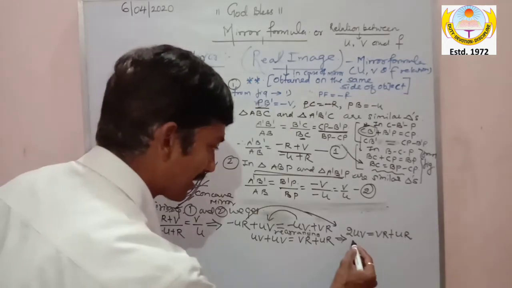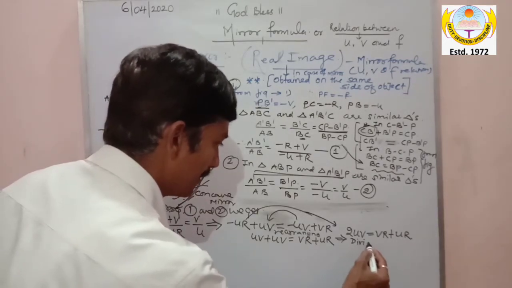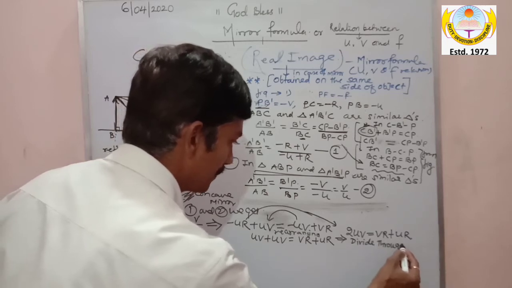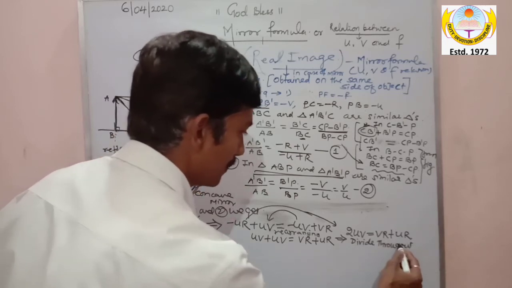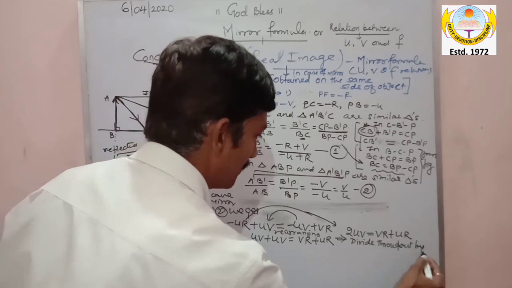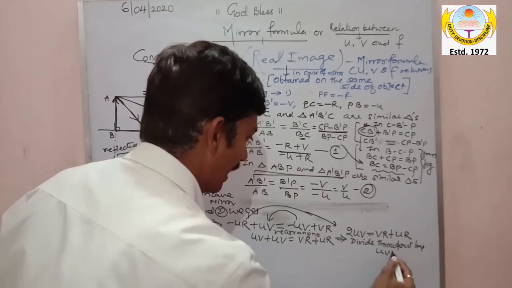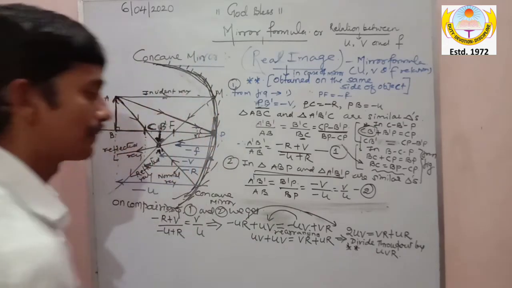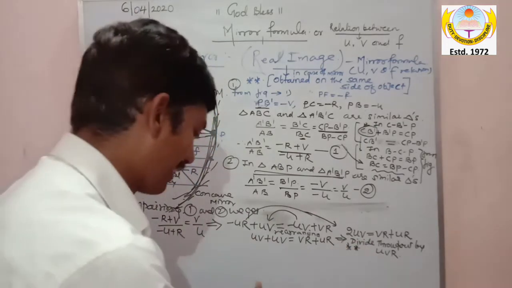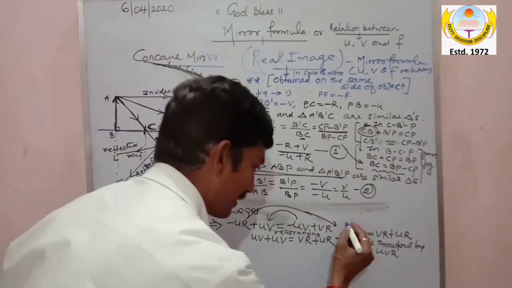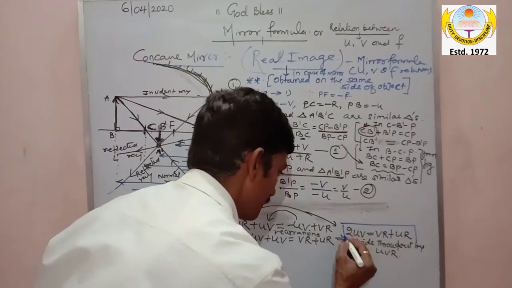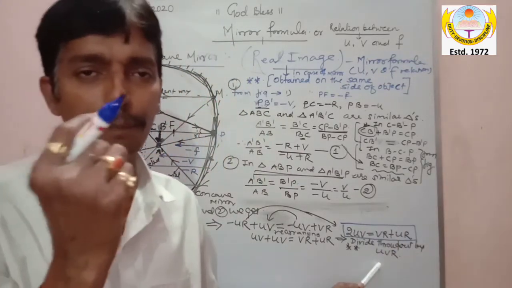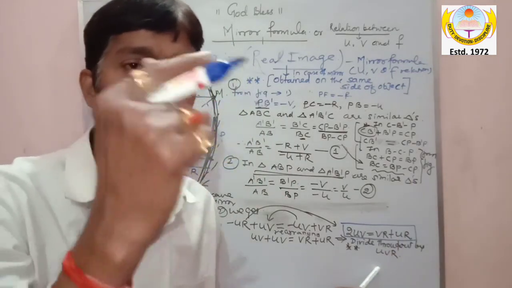So now I will divide throughout by UVR. Please take care of this step. I will divide this entire equation by one product, the UVR product.